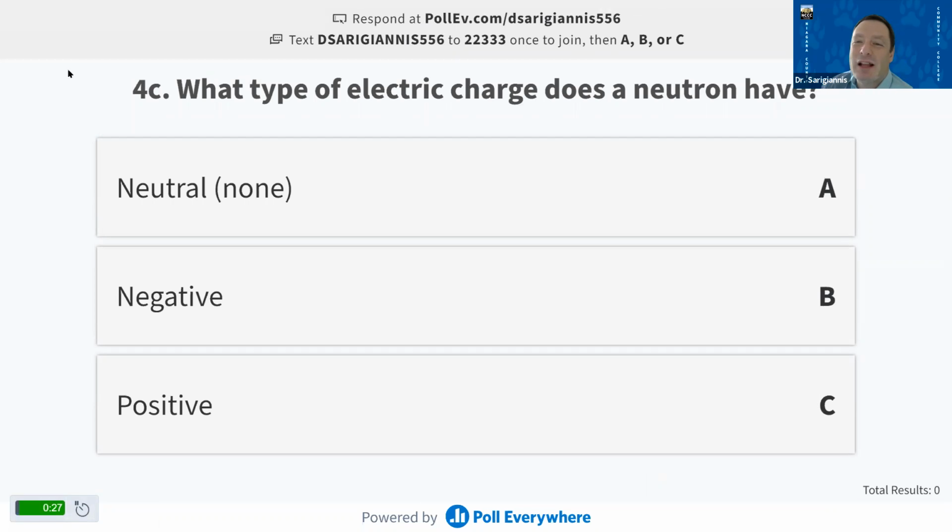What type of electric charge does a neutron have?